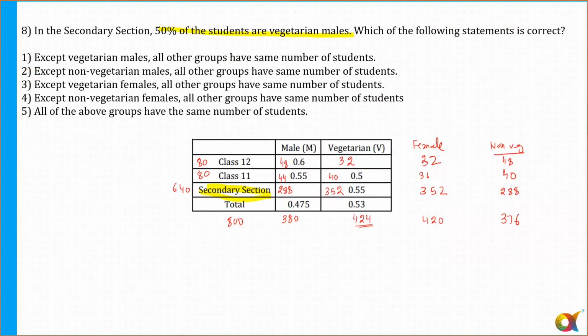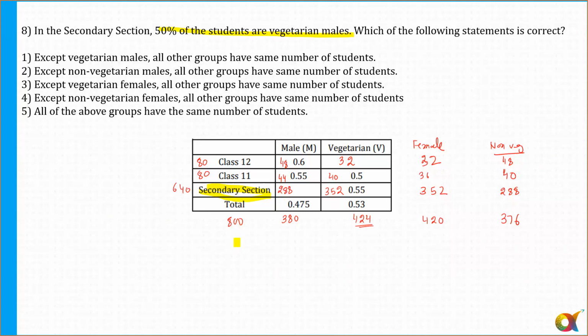It says 50% of the students are vegetarian males. But already it is given, so it is actually contradicting. This question is actually a wrong question and it was not evaluated. There was an error in the question.